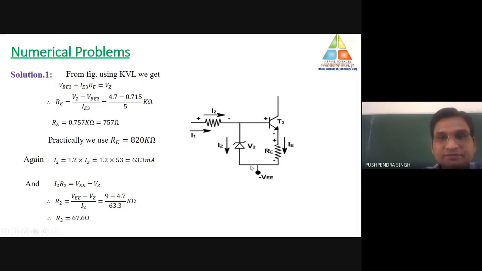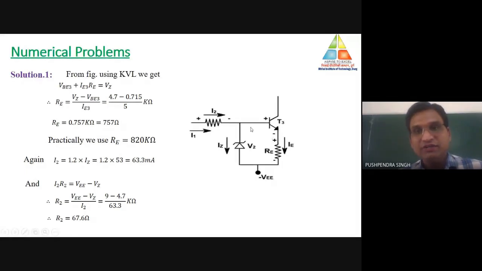From there, what is the value of Vz? Vz is nothing but VBE3 plus the drop across this resistance. And the drop across this resistance is IE into RE. Actually, we need to calculate the value of this RE. That's why we are following this particular path, the base to emitter terminal of transistor number 3.